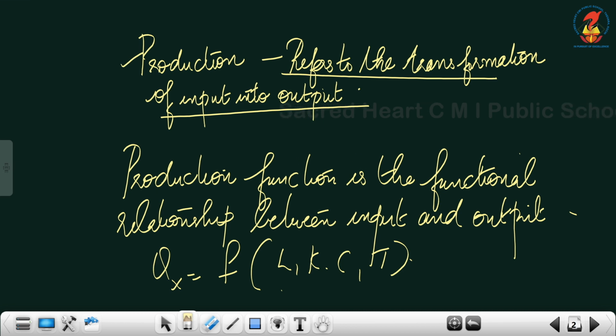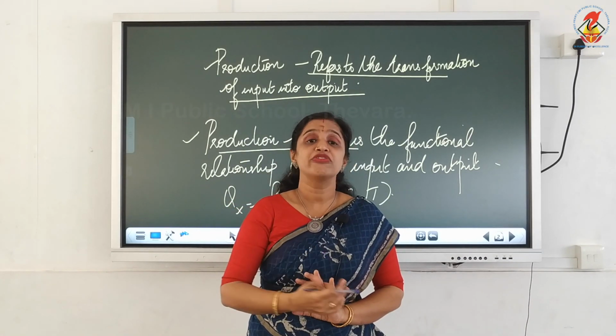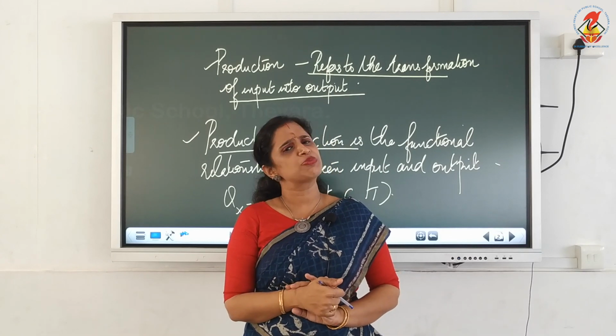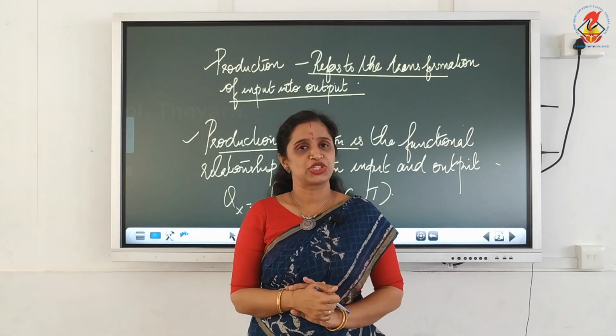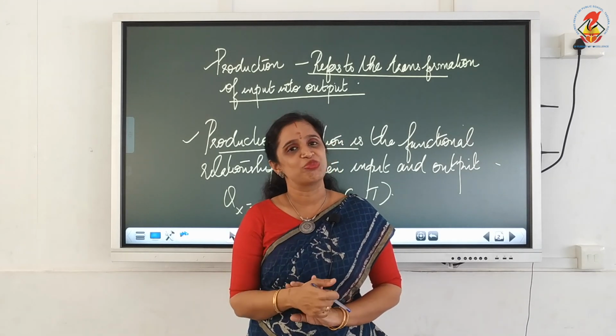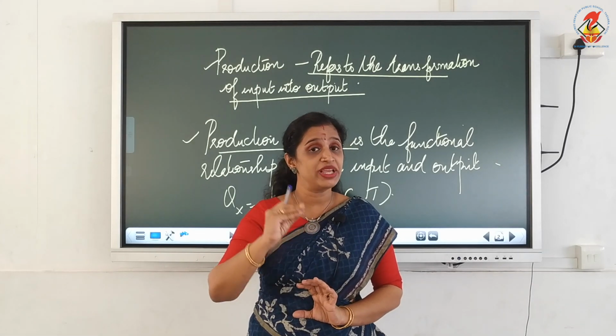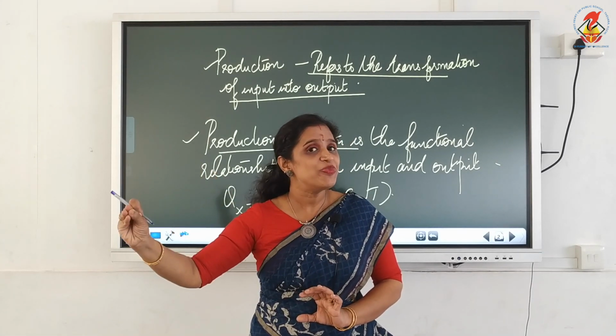Now the next topic that we are going to learn is production function. What is meant by production function? Like the demand function, we have to learn the production function. It refers to the functional relationship between input and output. What is this functional relationship? Input has to be converted into output.